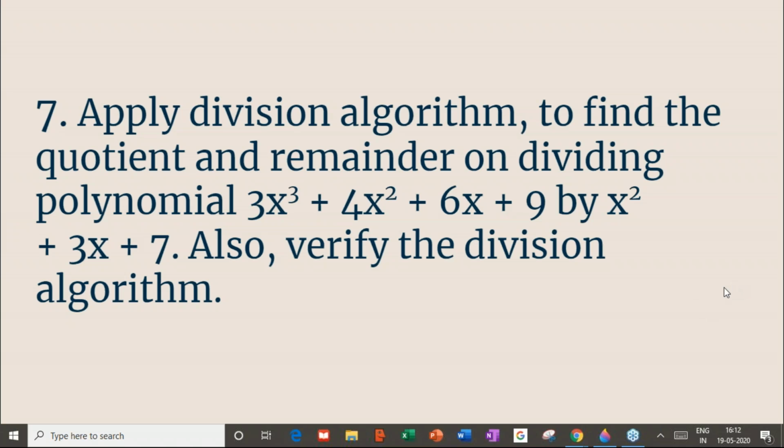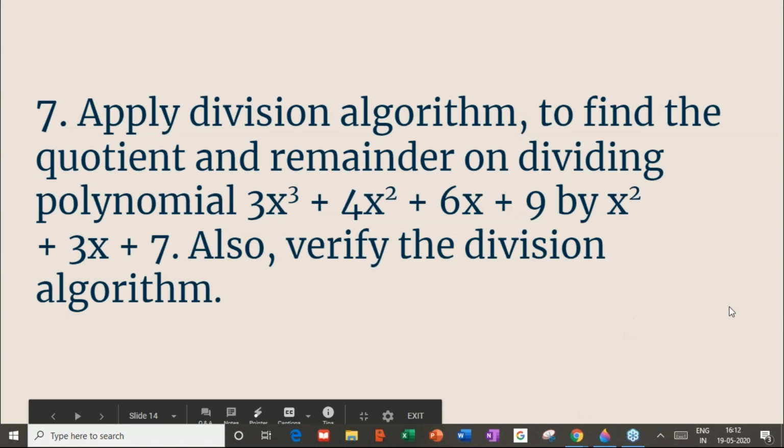I think by now you must be pretty familiar with the division algorithm. Almost all the sums that we solved covered this part. So just get the quotient and remainder, let me know that. Then I'll help you with the verifying part. Let's see who gets it first. You can type in your answers. We'll check.